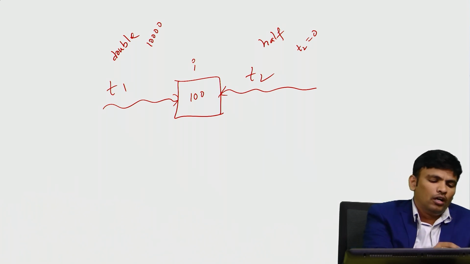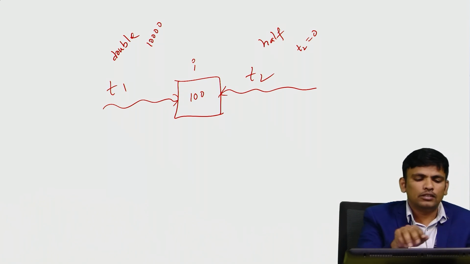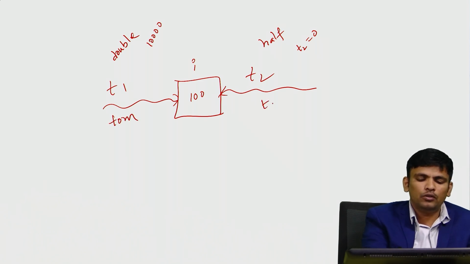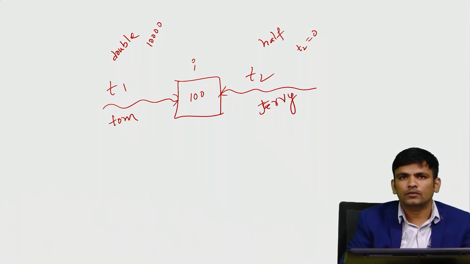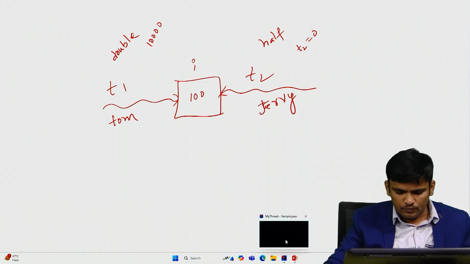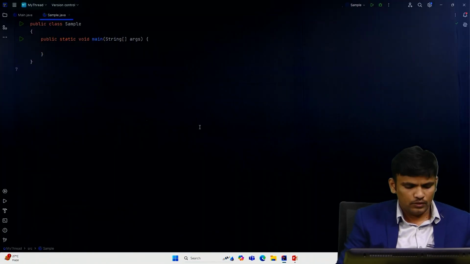Now here we need to explain this race condition by naming T1 as Tom and T2 as Jerry, so the Tom and Jerry problem. We'll write the same here. So take a class.